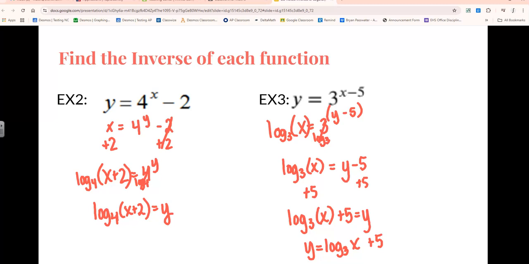So if I don't have parentheses, it is assumed that the parentheses would just be around that x. It's why it's really important here to have those parentheses. This one has to be written log base 4 of parentheses x plus 2. If you don't have those parentheses, it is wrong for that.